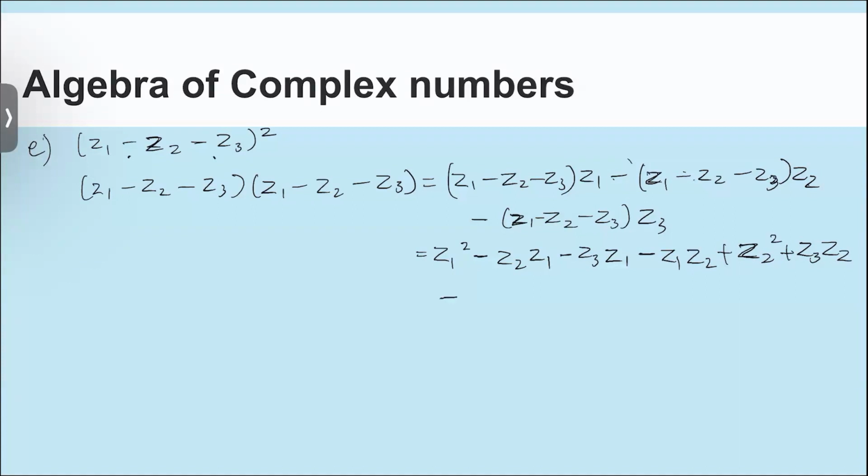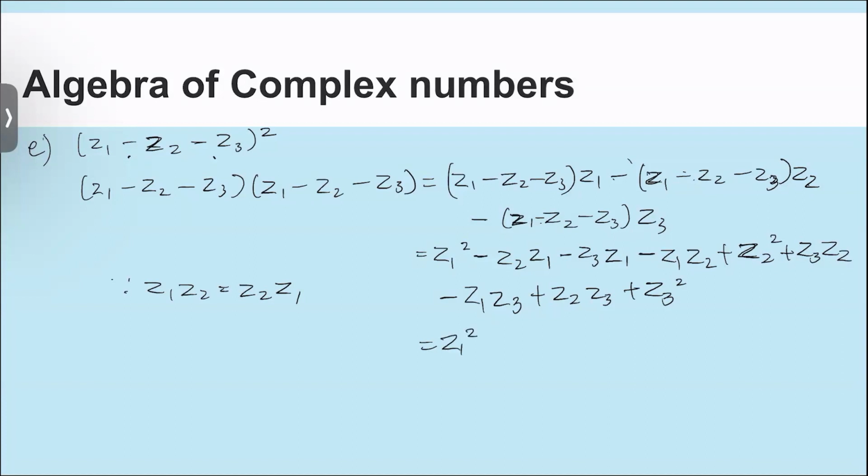Now the last bracket that we have, so you have minus Z1 Z3, and then over here you have minus Z2 Z3, then this will become plus Z2 Z3. And then finally you have minus Z3 squared, then with the negative sign outside the bracket you have plus Z3 squared. Now since obviously Z1 Z2 is equal to Z2 Z1, and it applies for the different complex numbers, we can write this as Z1 squared.